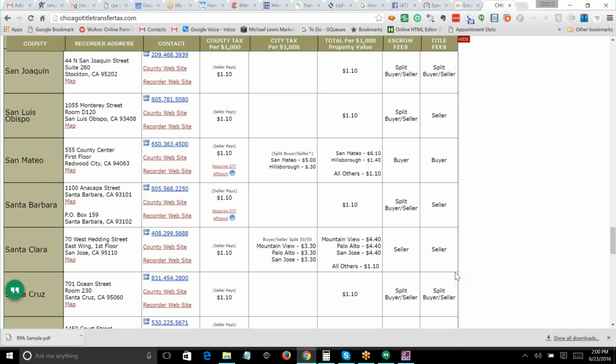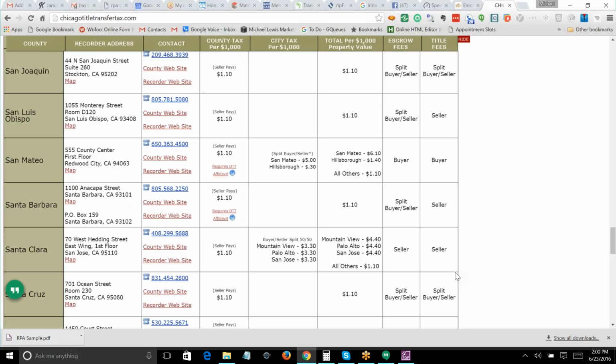I'm thinking you're not paying attention, nor are you willing to do even a little bit of research. Then it shows which cities in Santa Clara County have city taxes, and normally it's split 50-50. Escrow fees are a different one. But normally the city transfer tax is split 50-50 between buyer and seller.